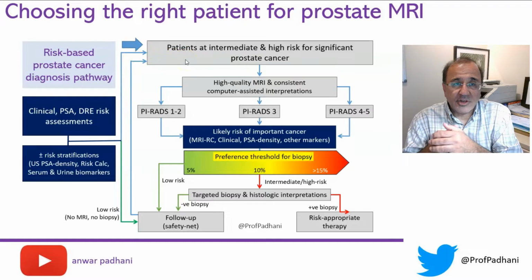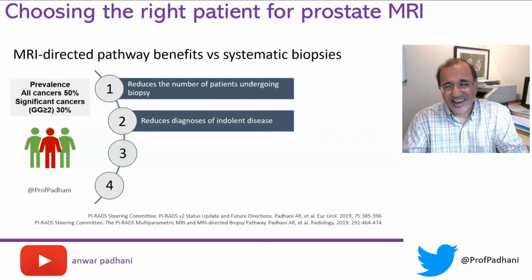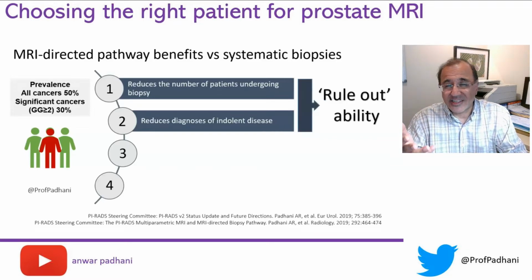So we need to realize that there are four major benefits to prostate MRI. One, it reduces the total number of men undergoing a biopsy, and two, it reduces the diagnosis of indolent cancers. And this speaks to the rule-out ability. This is the major benefit.